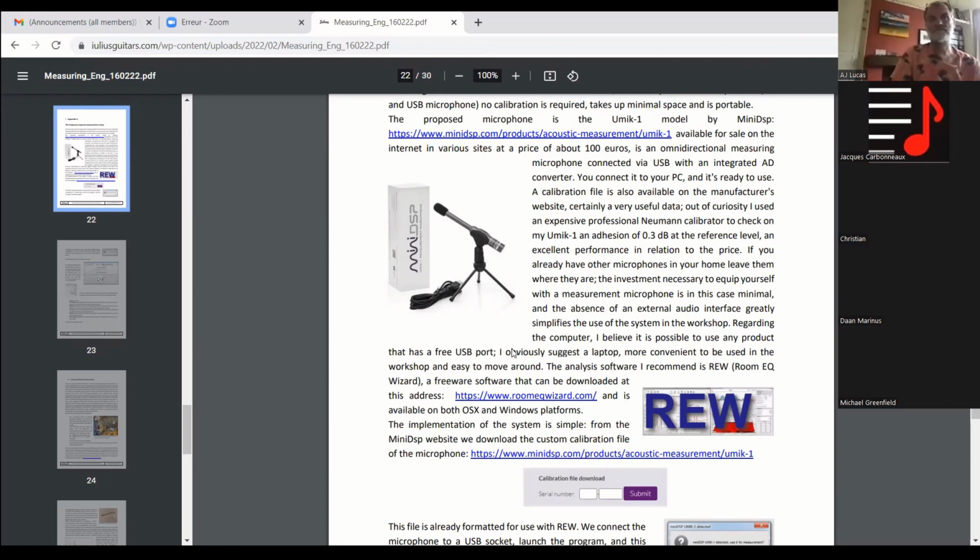I guess that for solid body instruments, it is more interesting to perform electrical measurements, to see what is really coming out from the pickup. Maybe also to see what is happening with the tone control on the electrical output.